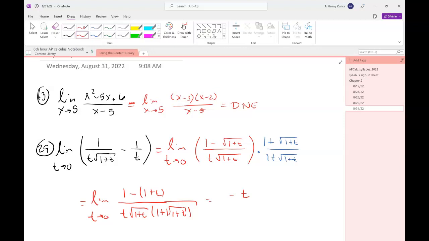So I'll have negative t on top, which is great because that's going to cancel with the t on the bottom. Oops. Mr. Kulik was very bad here. Almost forgot that.